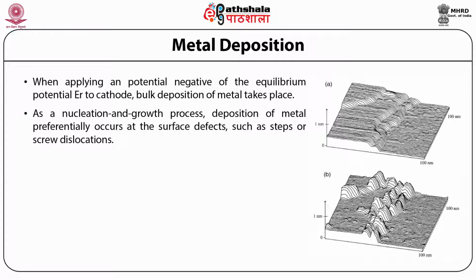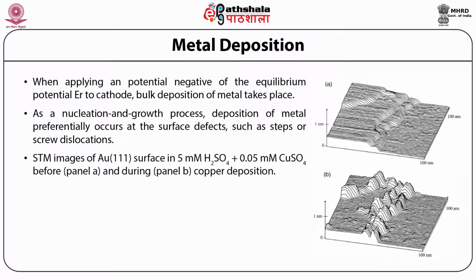The two diagrams are shown here. One is STM images of the gold 111 surface in 5 millimolar sulfuric acid, which has 0.5 millimolar copper sulfate also. In panel A it is given, and in panel B, copper deposition has been shown.